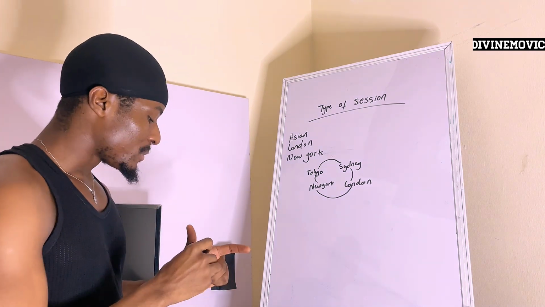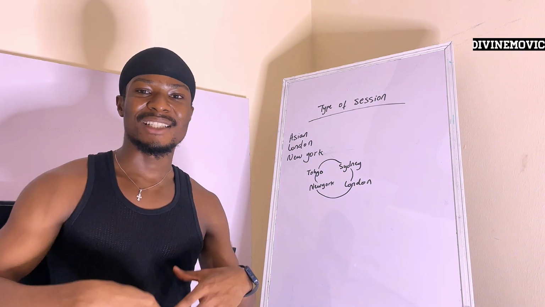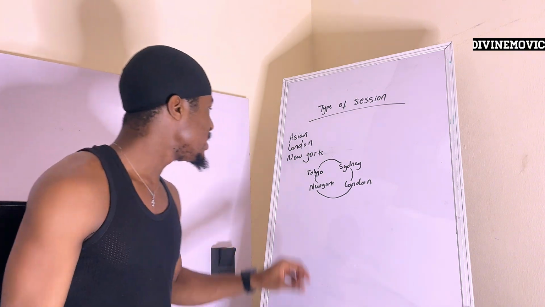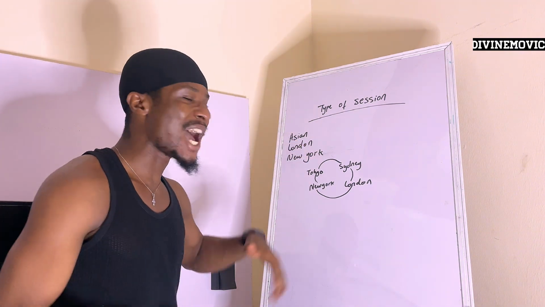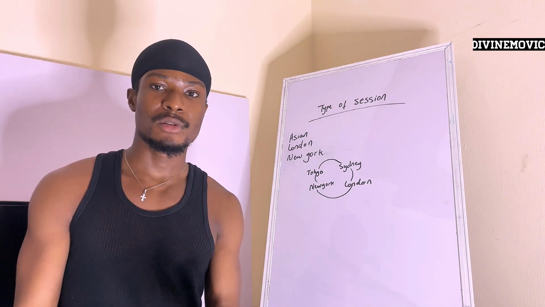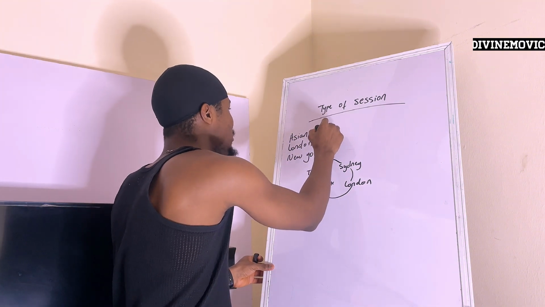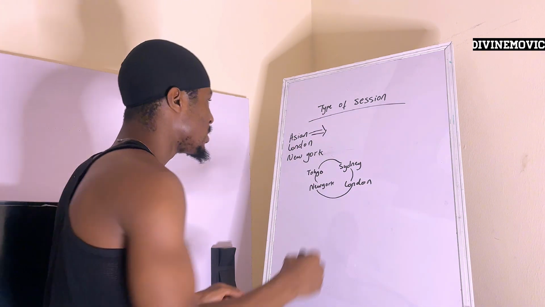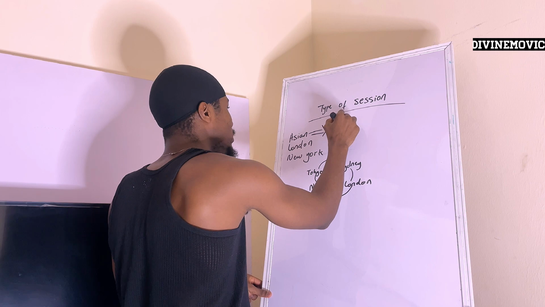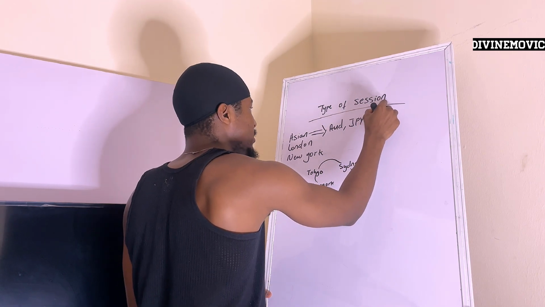Right? Now, these sessions have a particular currency pair that they favor. That means if this is open, it has a specific currency pair that it favors. For example, if this one is open, it favors any pair that has AUD, JPY, and NZD.